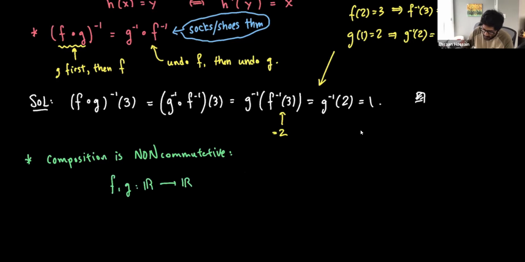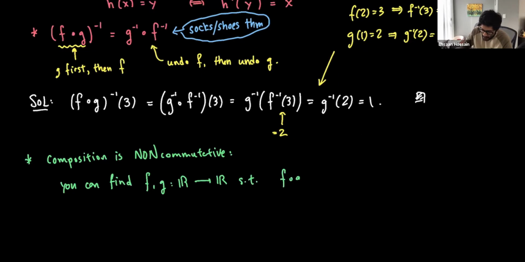So maybe I'll say it like this. You can find f and g from R to R such that F of G is not the same as G of F.